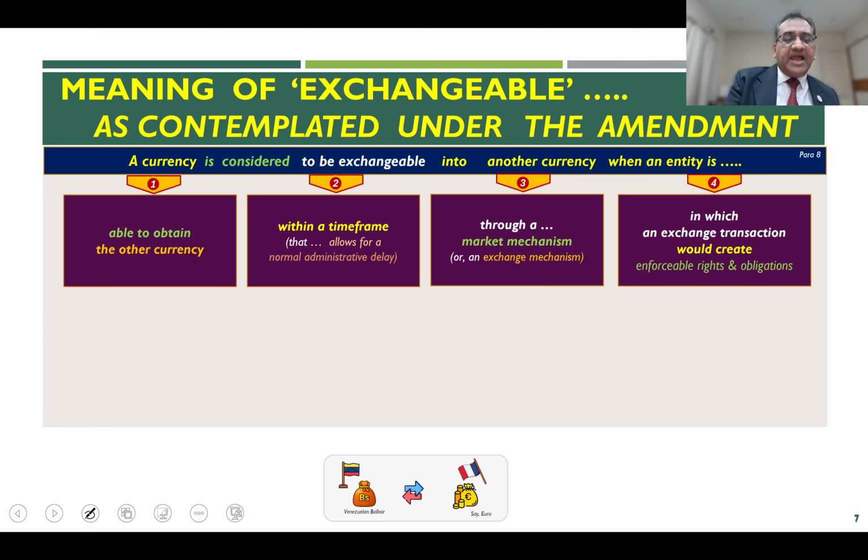Under the amended standard, a currency is considered to be exchangeable into another currency when the entity is able to obtain that other currency within a time frame which allows for normal administrative delay, through a market mechanism or any other exchange mechanism in which the exchange transaction between the two currencies would create enforceable rights and obligations.